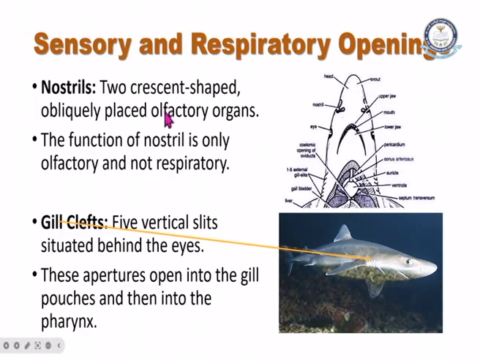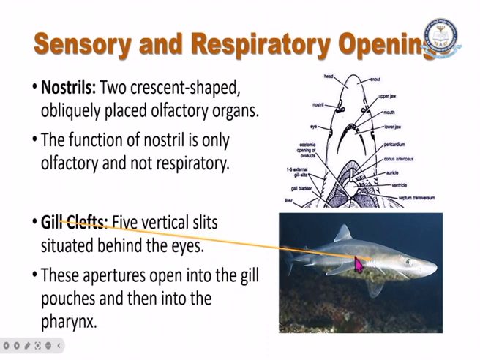Coming to the sensory and respiratory openings of the Scoliodon, it has the nostrils, two crescent, means half moon shaped, obliquely placed olfactory organs. The function of the nostril is only olfactory and not respiratory, that means it helps only in smelling, not respiration. And gill slits are present, there are 5 vertical slits.